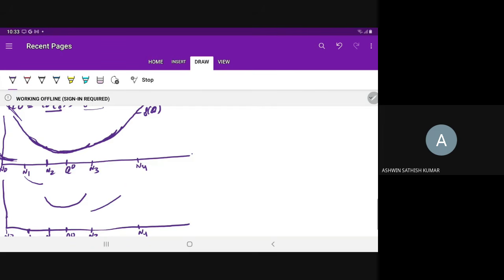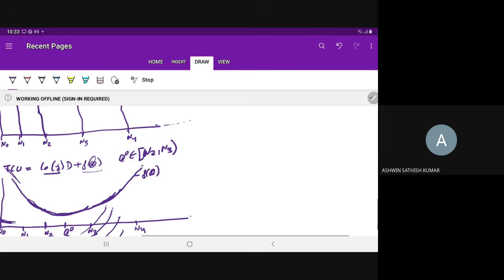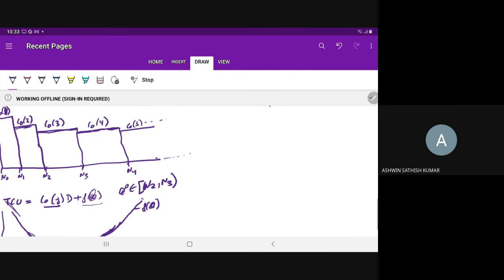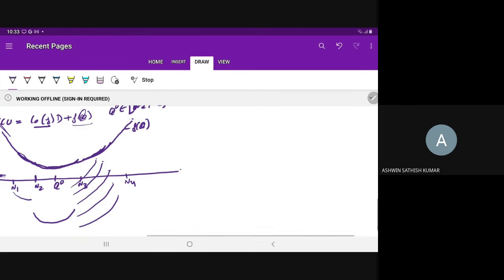It may be at any place, because C0 4 is lesser than C0 3. So what is this value? It depends on where we should start.